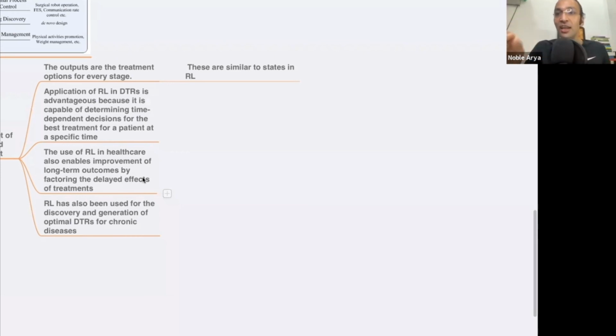With reinforcement learning, once the agent has learned the complete system, it will always find new solutions for the problems which are changing continuously, because every time there's a change.